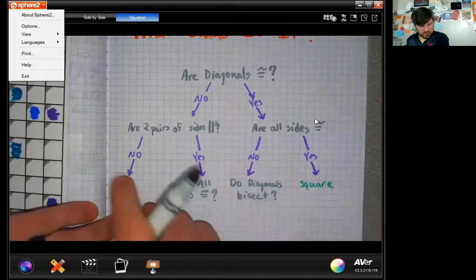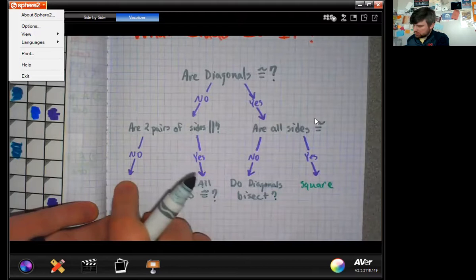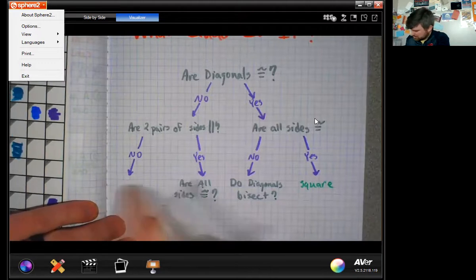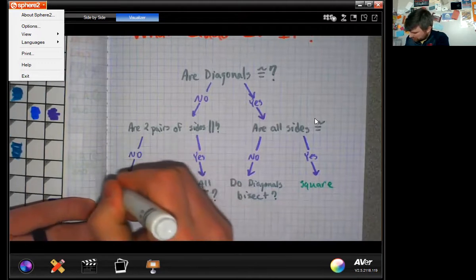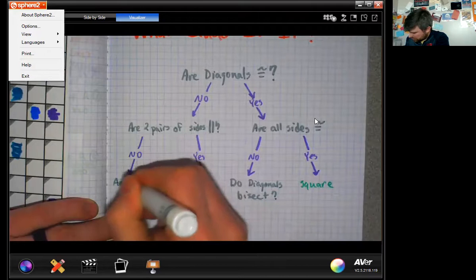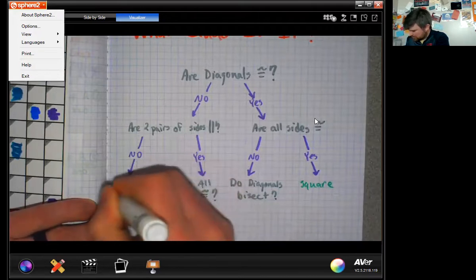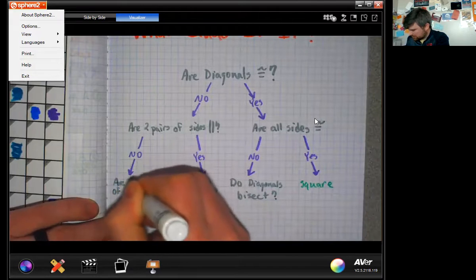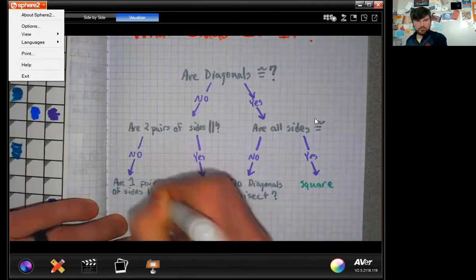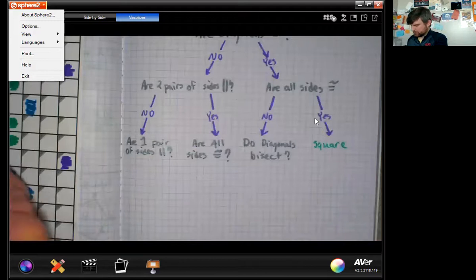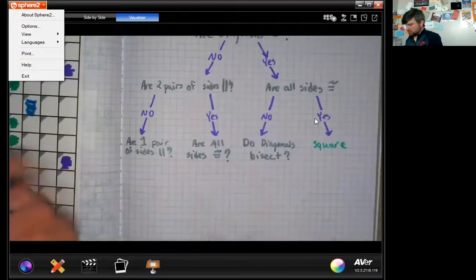And then if you answered no here to the 2 pairs of parallel sides, I'm going to ask if 1 pair of sides are parallel. Okay. Again, you can answer yes or no to all of these.